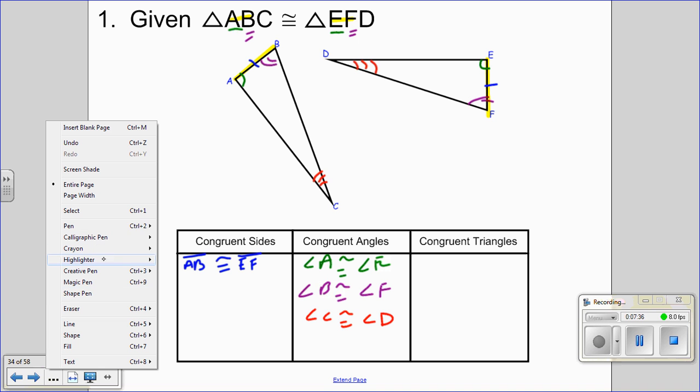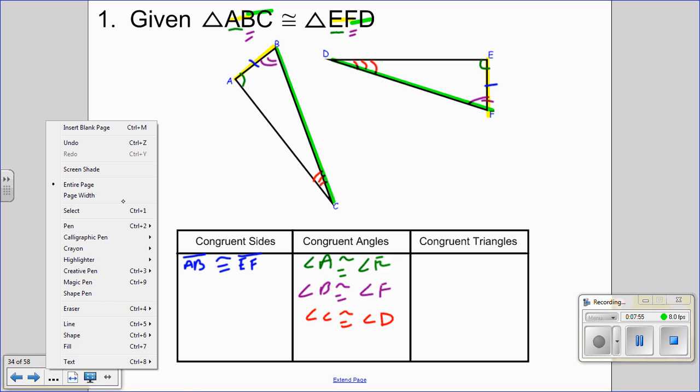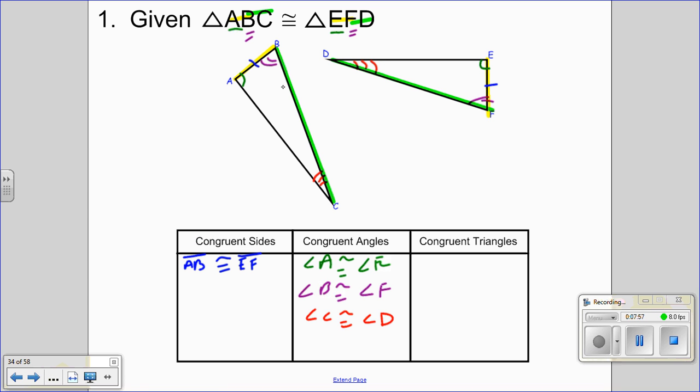The next side that is congruent, according to the name, would be side BC with side FD. So I will place on that side 2 tallies to show that it's different from AB, but it's the same as DF. So again, BC is congruent with FD.